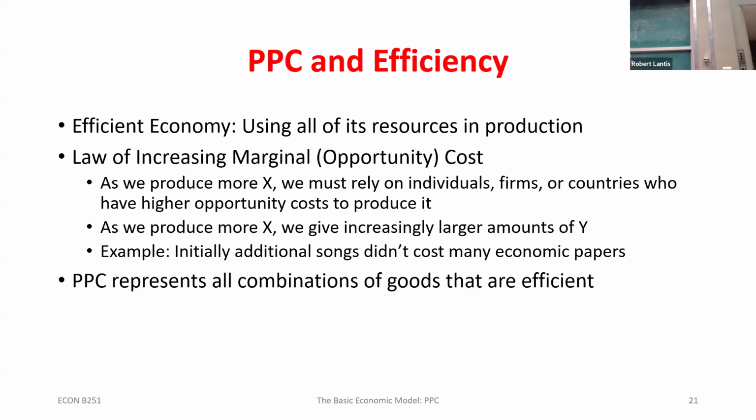So we would think about this as we're production inefficient, right? We're not using all of our resources. We've got things just laying around, people laying around, not doing anything. We could actually have more of both of these goods if we were using all the resources, right? So we've got inefficient, efficient, and unattainable as our three ranges that we're thinking about with these production possibilities.